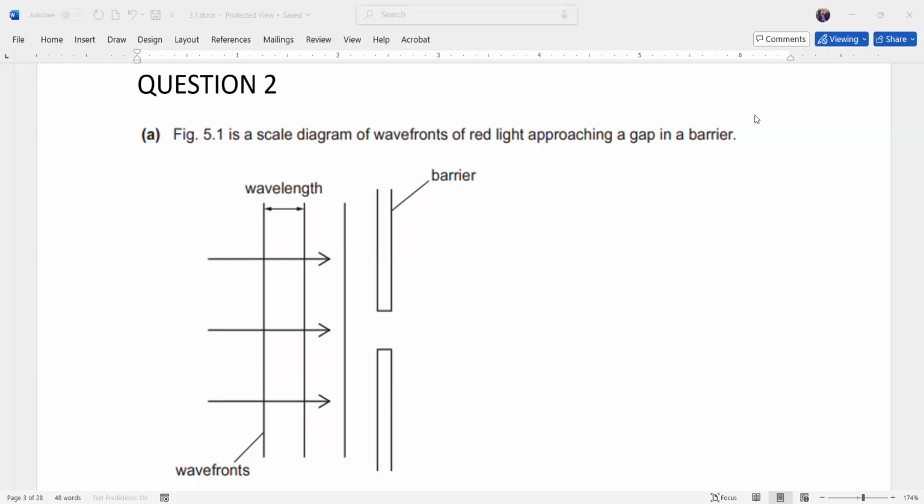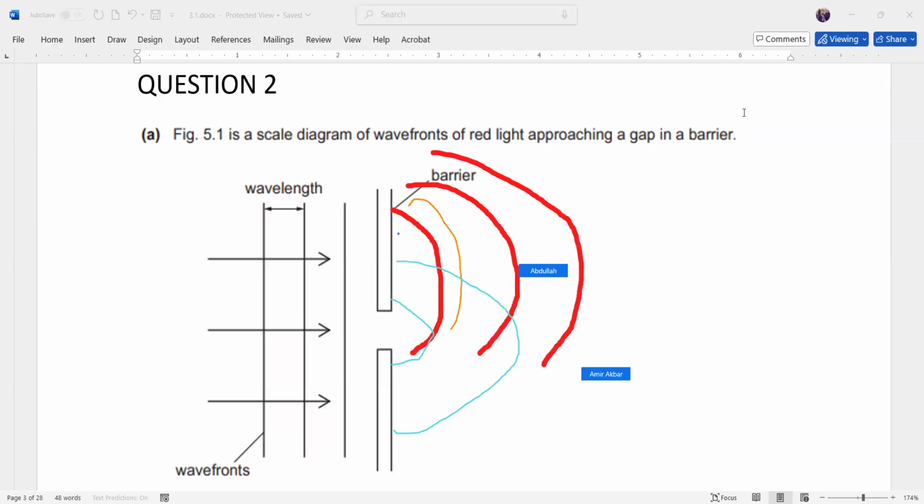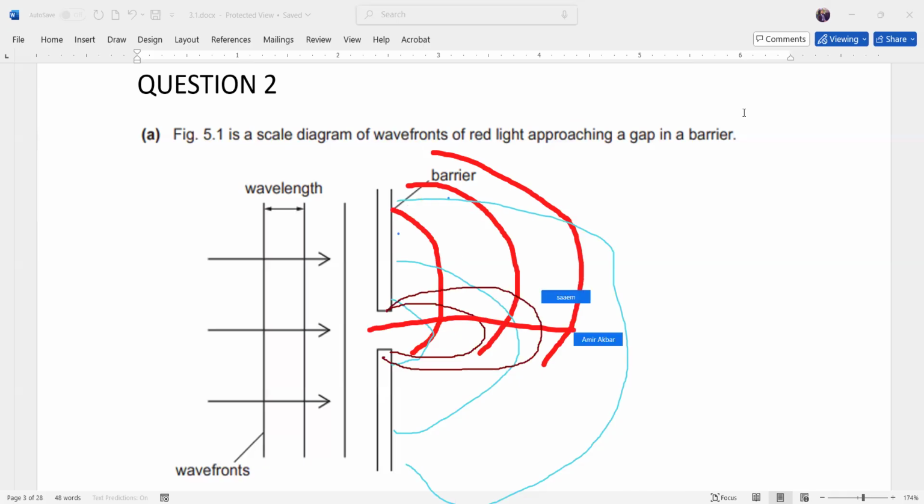You can annotate on the screen how it will look. Yes, we have to draw the wavefronts. The center should be around the gap.